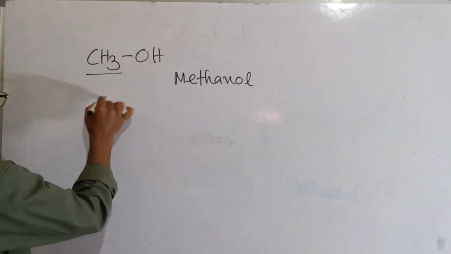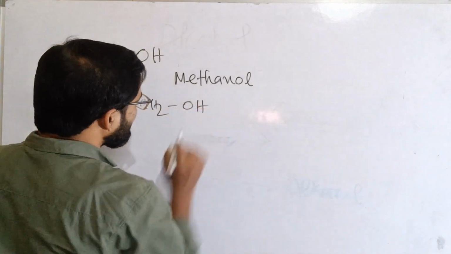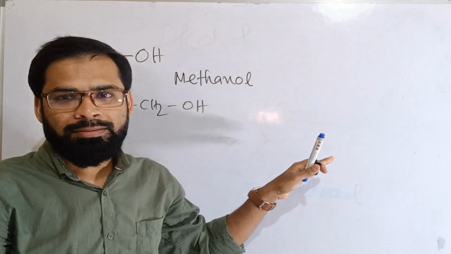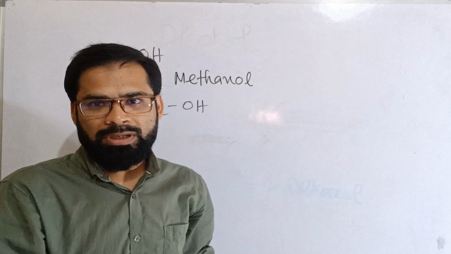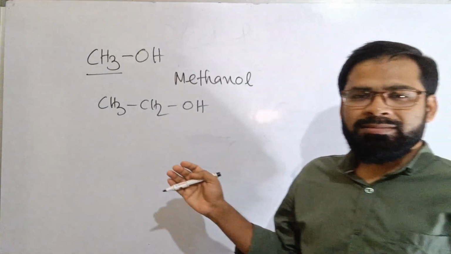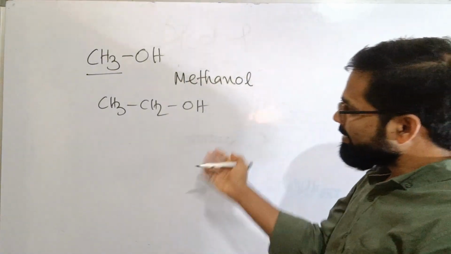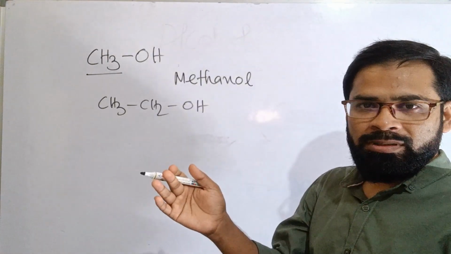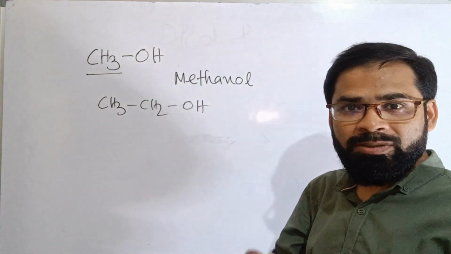Similarly, CH3CH2OH will be ethanol. In case of 3 carbons, that will be propanol. And if there is any branching, we have to maintain the same rules as in case of alkane and alkene that we already saw.